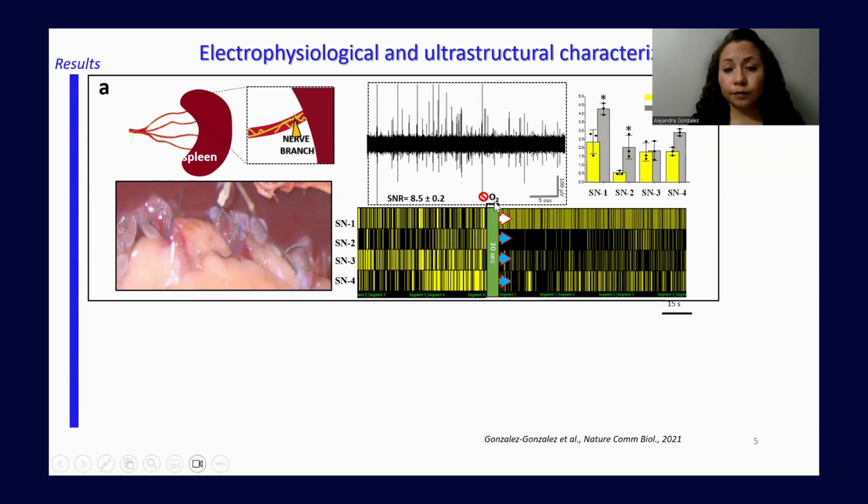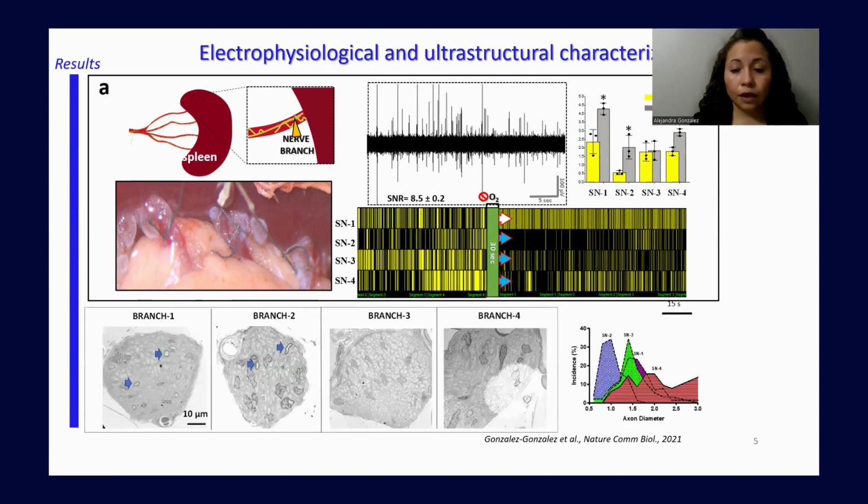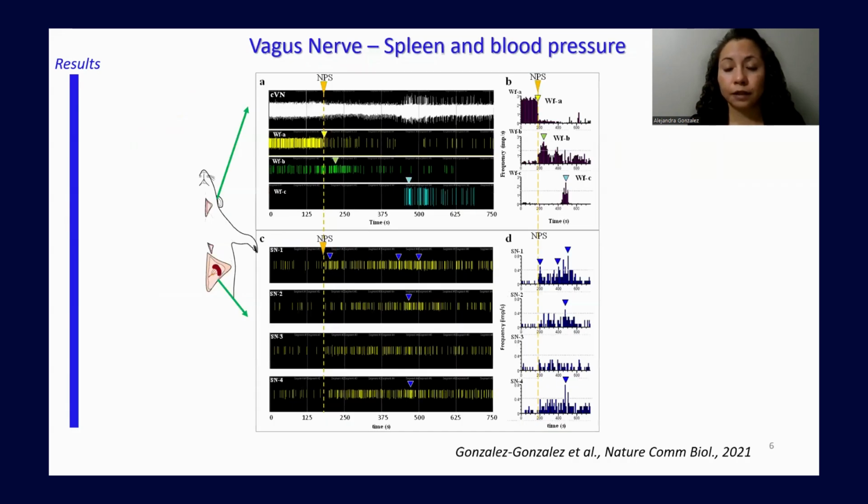And when we reduce the systemic oxygen in the animal, we observe that the response of these different branches are also different. So it is pointing to a compartmentalization of the activity in this organ. When we analyze the ultrastructure, we observe also that the composition of the fibers was different, which showed that not only the activity, but also the anatomy is different.